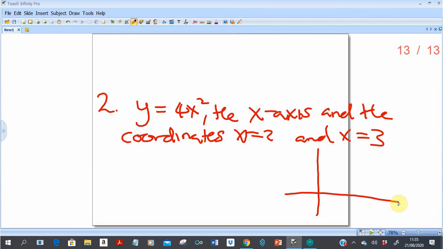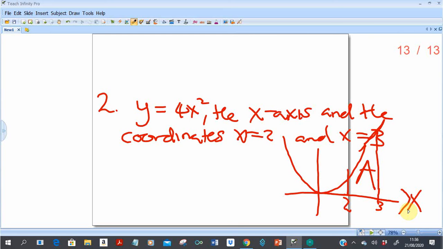Y is equal to 4x squared, this is the line there. We have x equal to 2 down there and 3. So this is the area between x equal to 2 and 3, this graph and the x-axis.